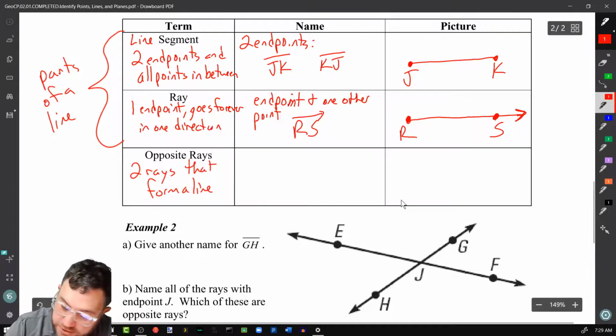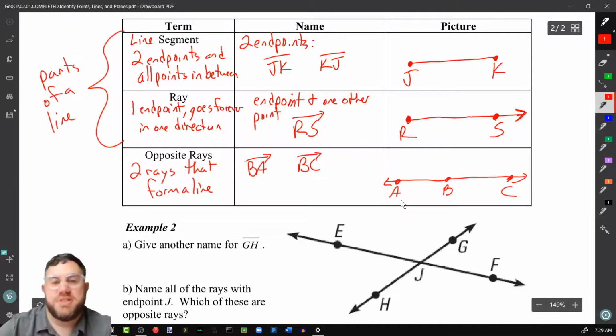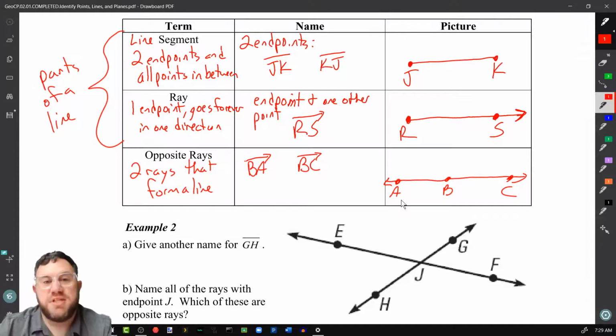So here we'll just go with ABC on this one. So ray BA and ray BC are opposite rays. And notice that both of them start with the same letter because you have to start at their end point.